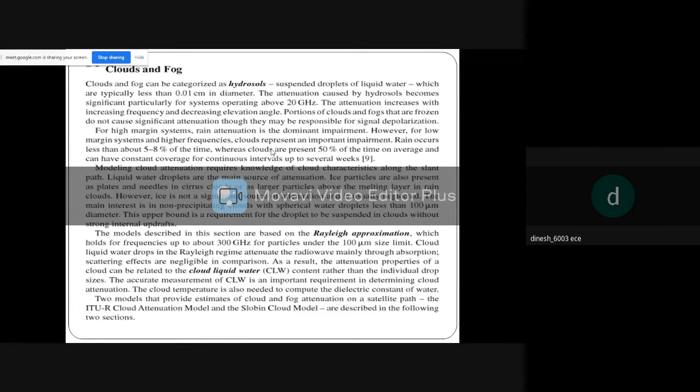The accurate measurement of the cloud liquid water is an important requirement in determining cloud attenuation.